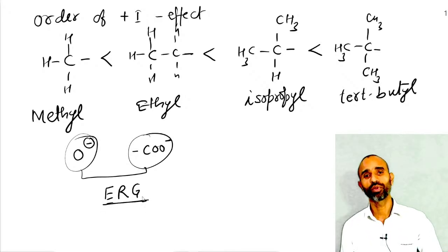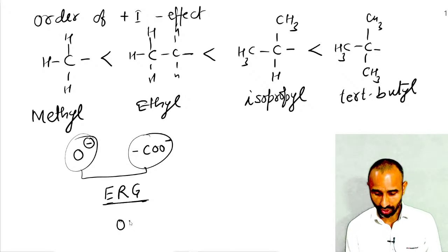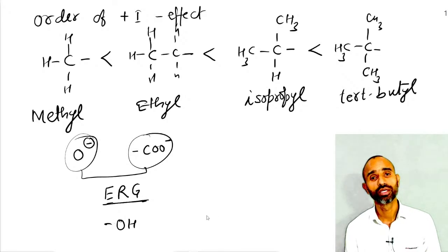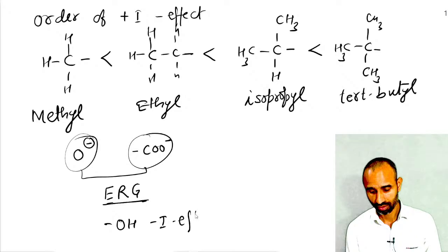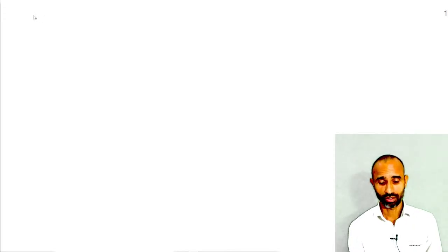Any group with a negative charge becomes electron releasing. But if we write oxygen like OH, it has minus I effect. Likewise. Okay, understood. Now application.